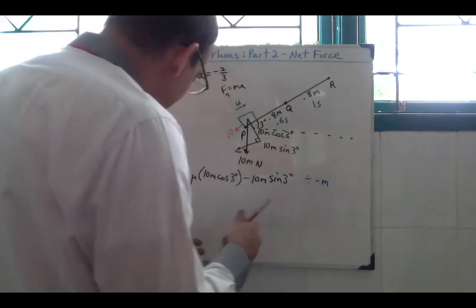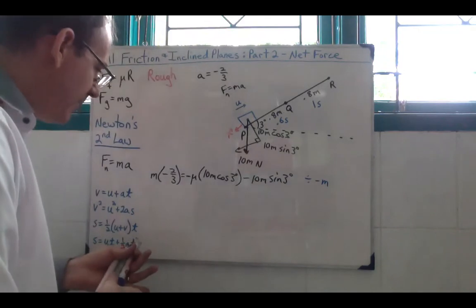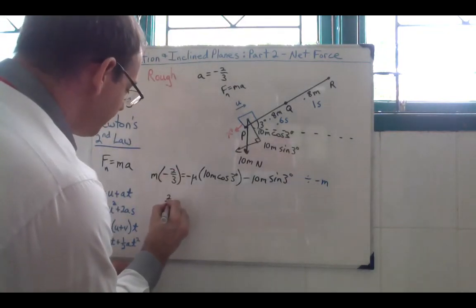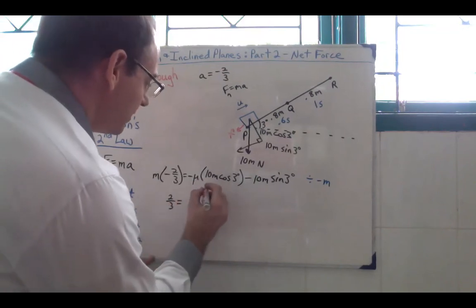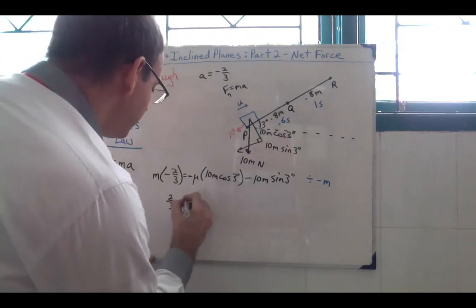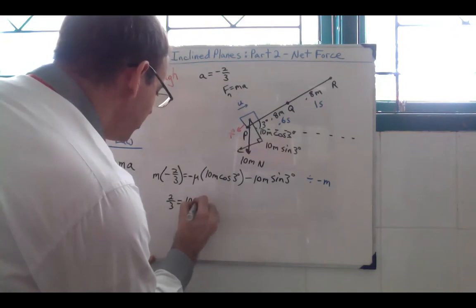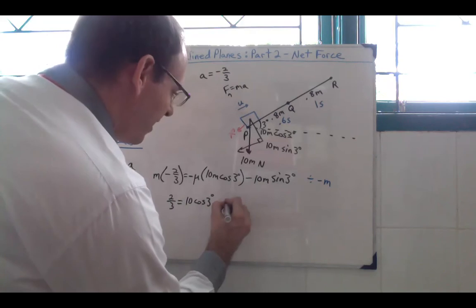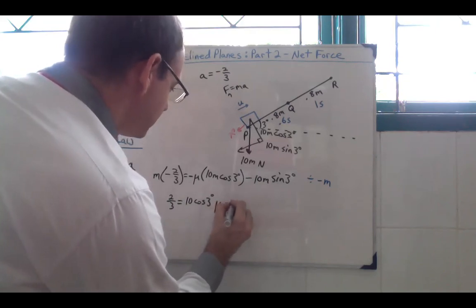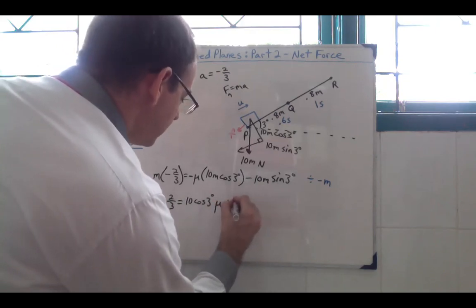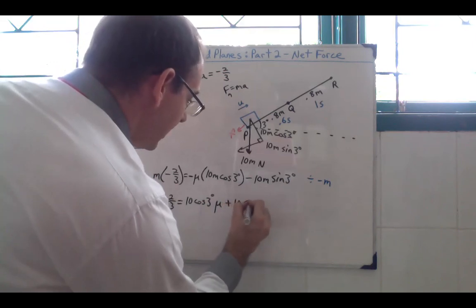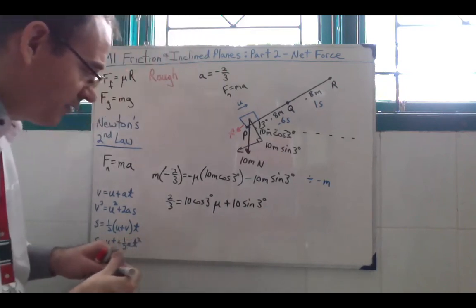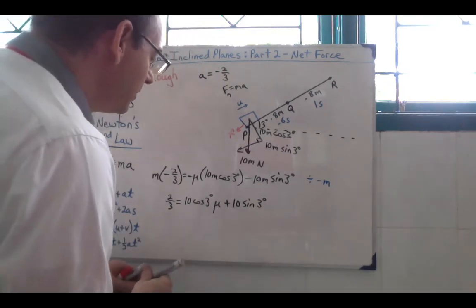So we'll just divide by -m, and that gives us 2/3 equals 10 cosine 3 degrees mu, minus or plus 10 sine 3 degrees. So now we solve for mu here.